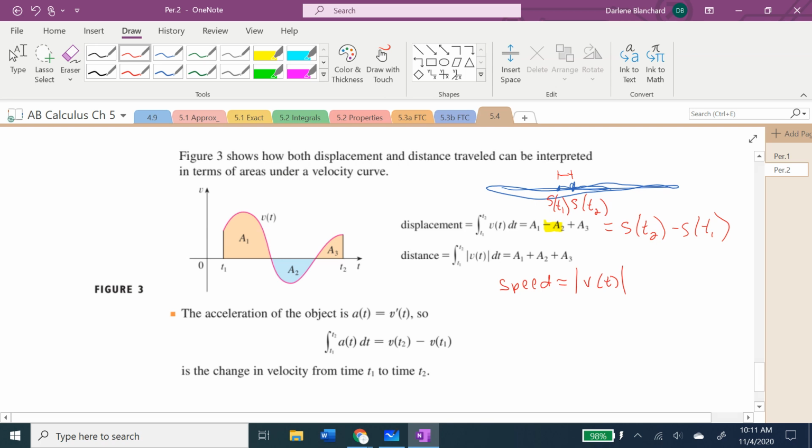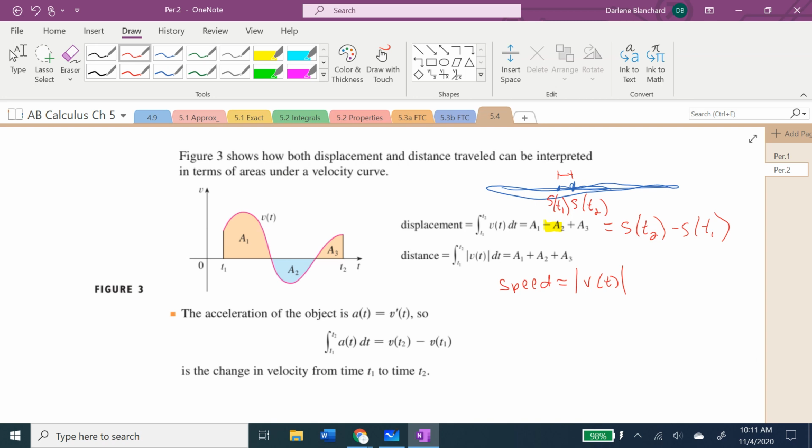Now, if you have the fortune of having a calculator available on a test when you are asked to find distance traveled, you're going to want to use your calculator. I do need, though, to talk you through, if you don't have a calculator on a test, what do you need to do? Then I'm going to talk to you about how to use your graphing calculator to solve definite integrals, because that is going to be the main thing you're going to do on your graphing calculator during the AP exam. That is the biggest thing.